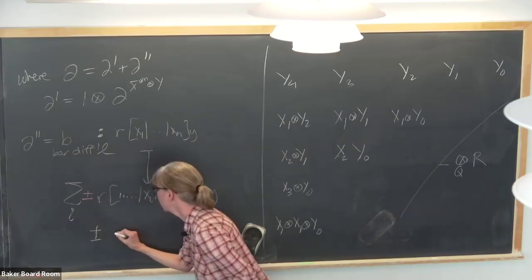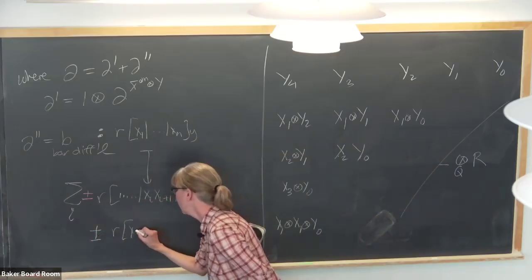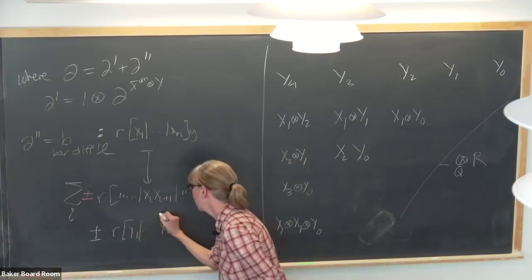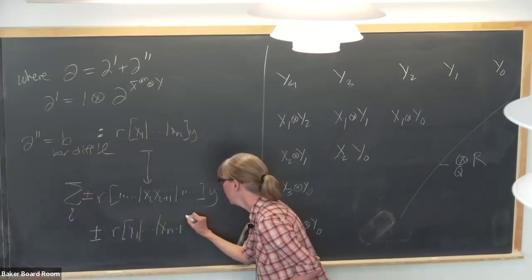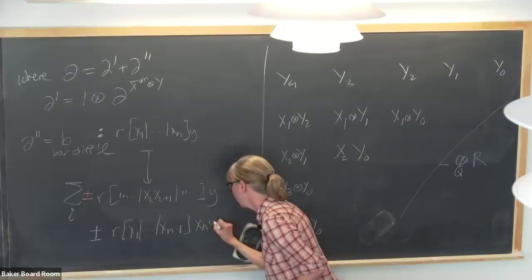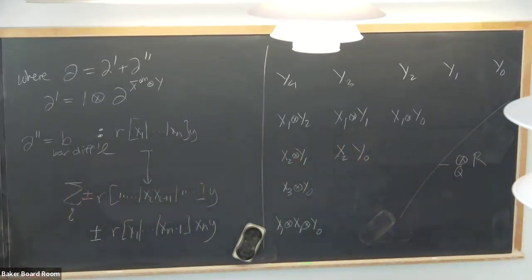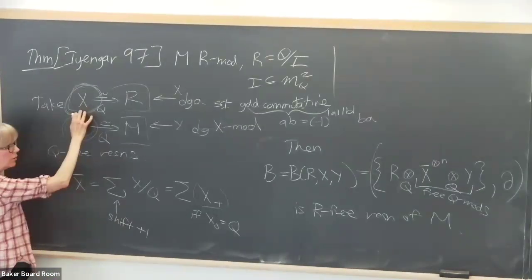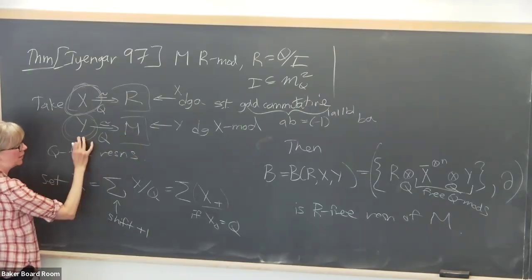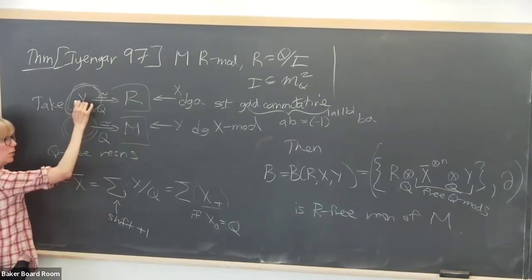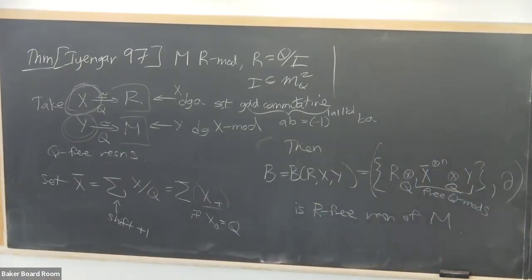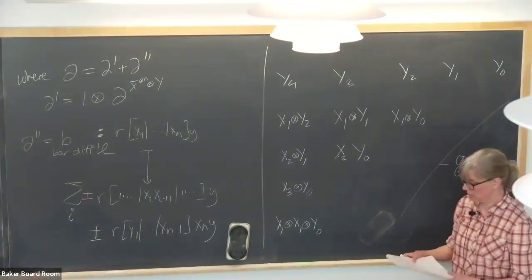So plus or minus R, x1 up to xn minus 1, and then you multiply xn by y. So again, X is an algebra. We've replaced R by a DG algebra that's something nice, usually finite dimensional and free over Q if Q is regular, and replaced M by Y, but X is an algebra and Y is a module over X. So you can do these products. Okay, so that's the whole statement.